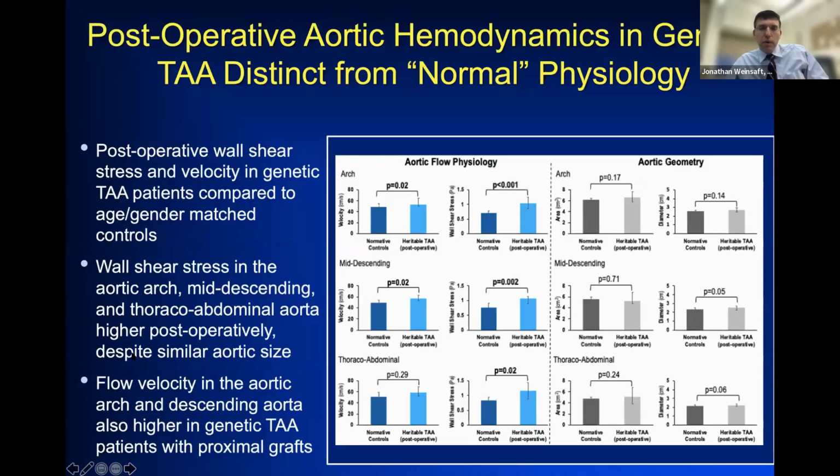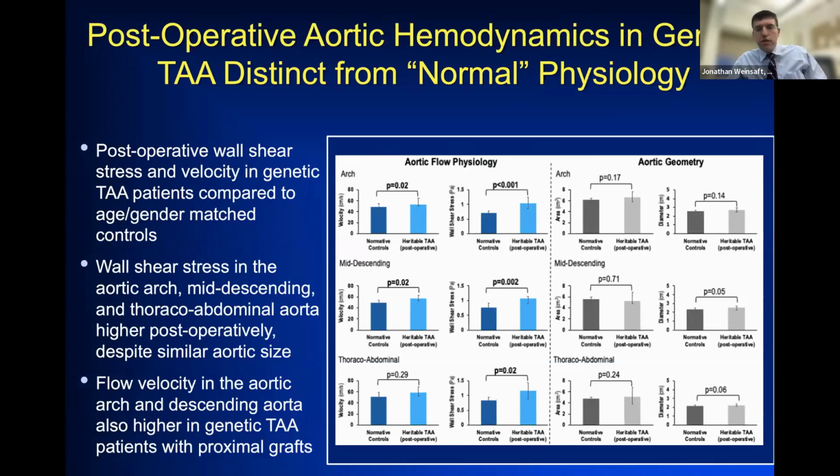Of note, when we compared this to normative controls, specifically focused on genetic aortopathies, we demonstrate that in post-operative heritable TAA patients, despite similar aortic caliber compared to normative controls, these post-operative measurements were significantly higher than normative age- and gender-matched controls.